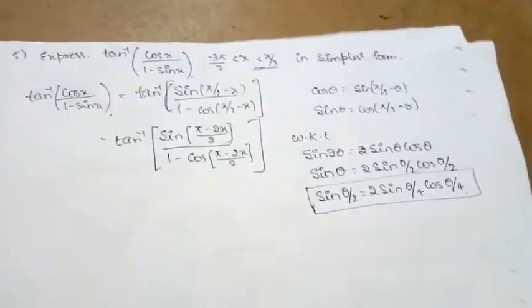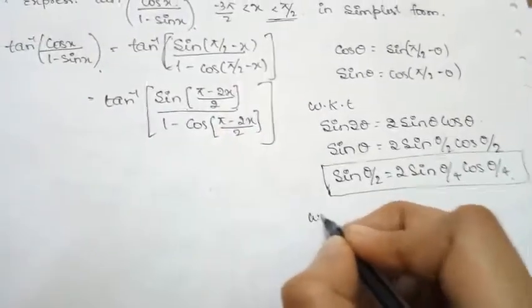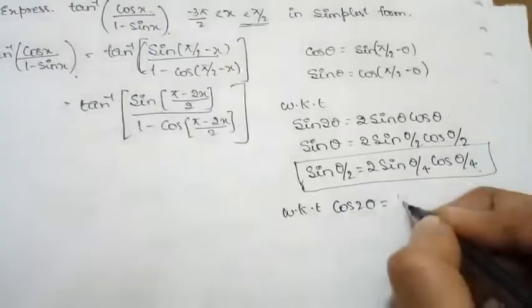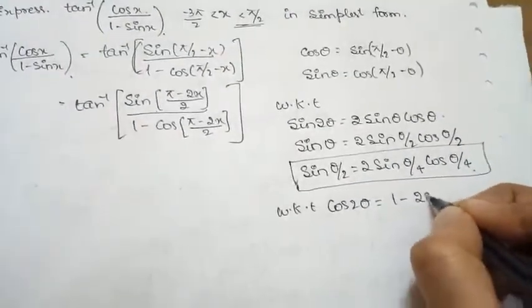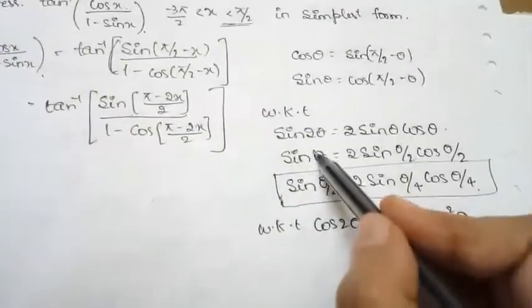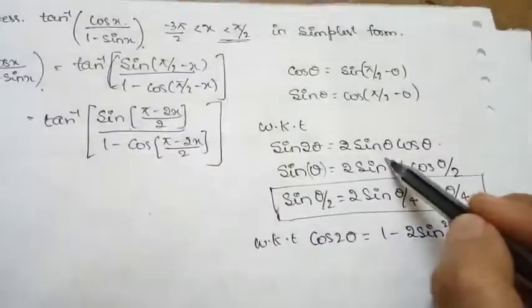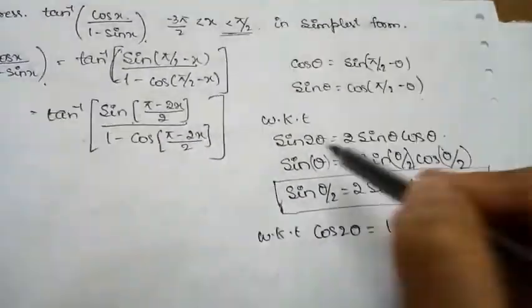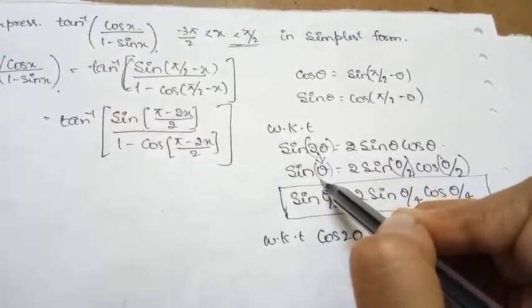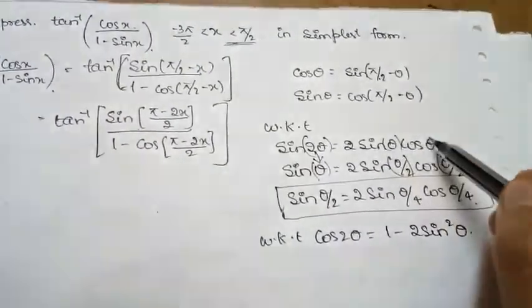Similarly for the denominator, we know cos 2 theta is equal to 1 - 2 sin square theta. One thing you can see, whatever angle is present, only that is reduced to half. Here the angle 2 theta is reduced to half, so it becomes theta. So don't confuse this with the numericals present here.